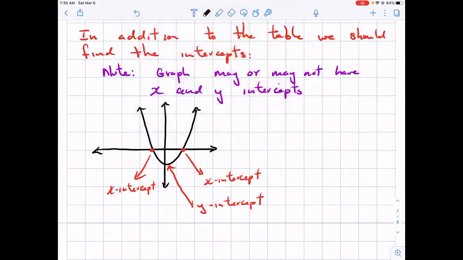We can have graphs with no intercept at all, such as here. Okay.